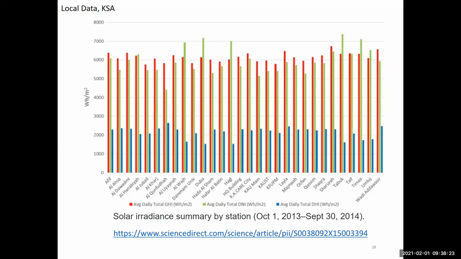Not the north, but look at Tabuk and Haql for the values of the average daily total horizontal radiation. This is a little bit lower than what you see, for example, in places like Al-Qunfudhah, which is higher. Wadi Dawasir, the value is high, and in Layla and Majma'ah it is high.